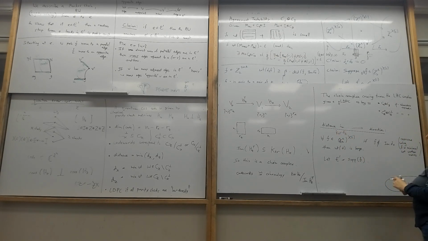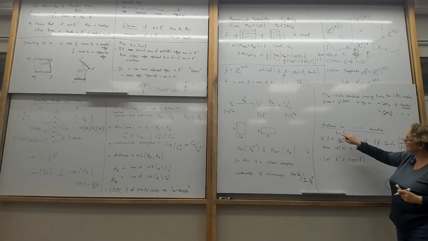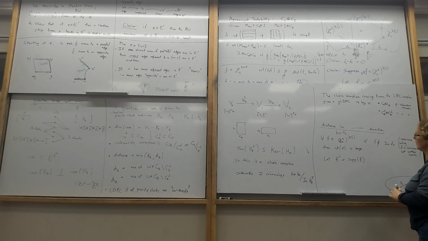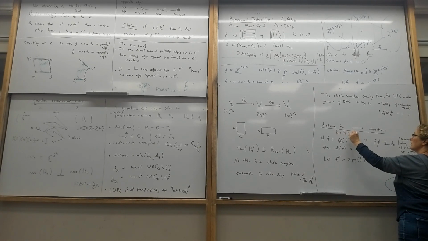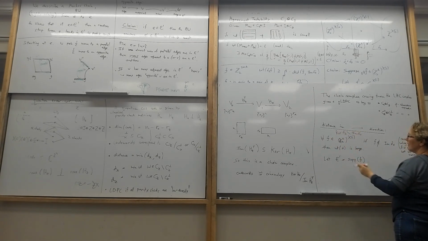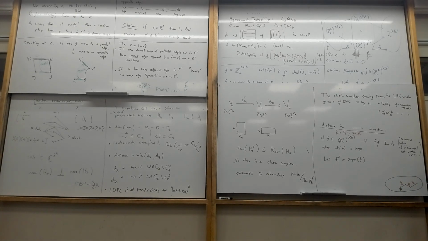So it's a code word, in the kernel of delta 1, but not in the image of delta 0. Because f is in the kernel of delta 1, it must satisfy certain consistency constraints: if this edge is non-zero, then on every square, some other edges around this square must be non-zero, and the exact same reasoning as before will follow.